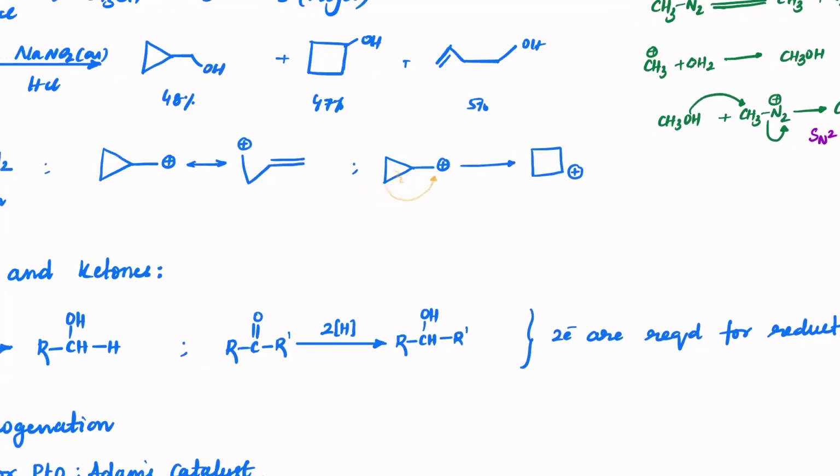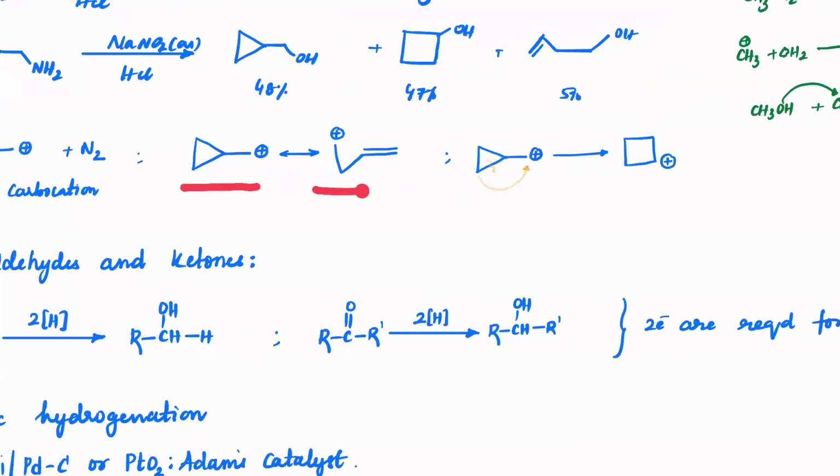Which means you will notice that these three carbocations will be available in the solution. So when you react with water, you'll get an alcohol like this, and like this. In fact, cyclopentylmethyl carbocation is a stable carbocation, so that would have the major content.